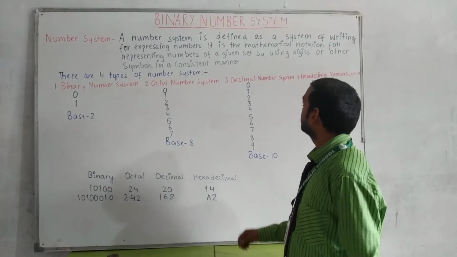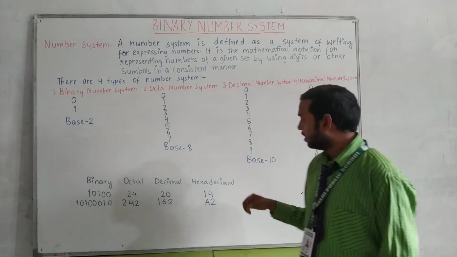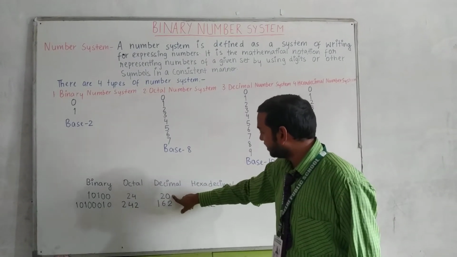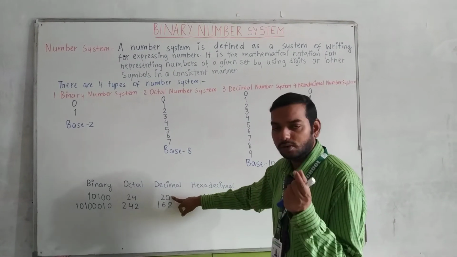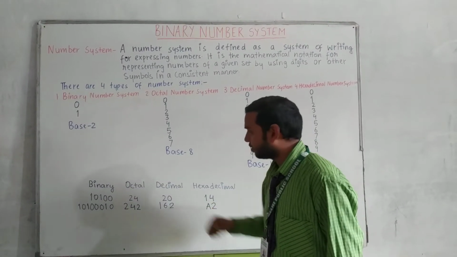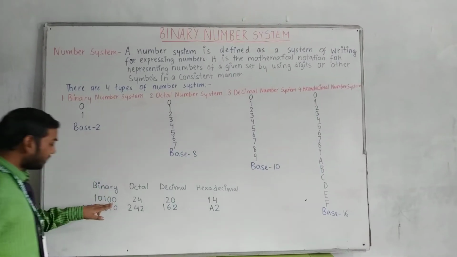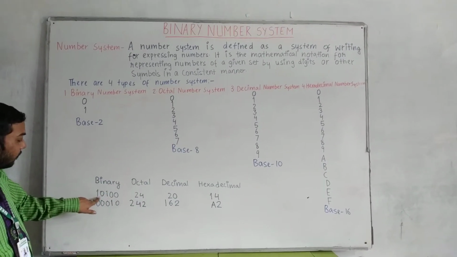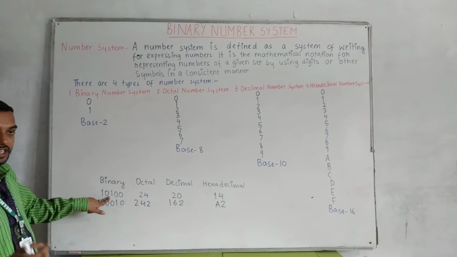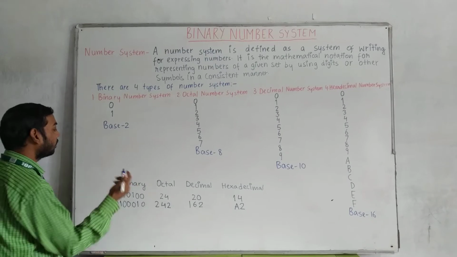Before explaining the binary number system, let me give you one more piece of information. You all know that this 20 is a two-digit number, and this is a 3-digit number. The same way, this is a 5-digit number, and because it is a binary digit, we call it a bit.